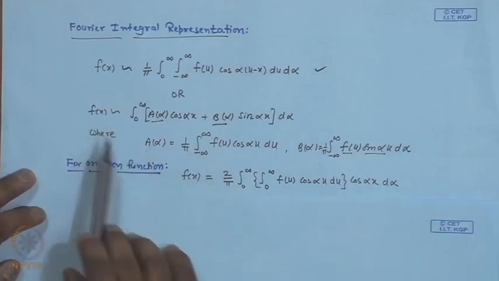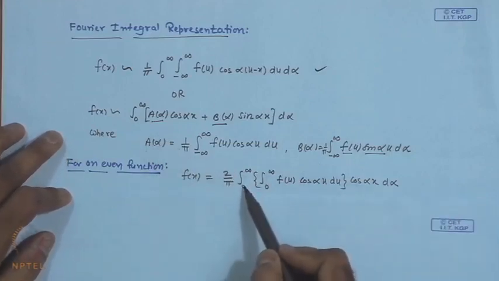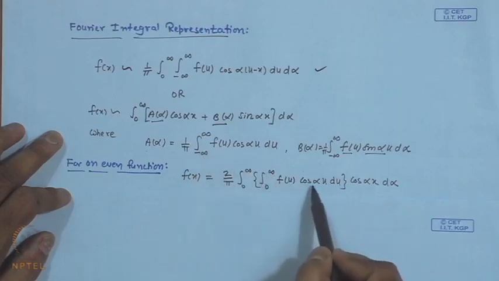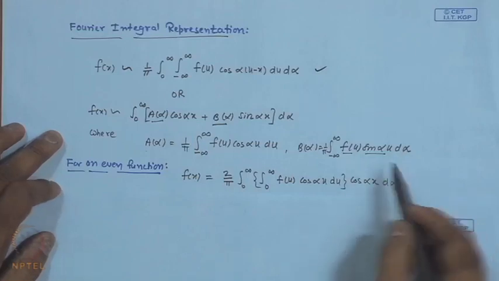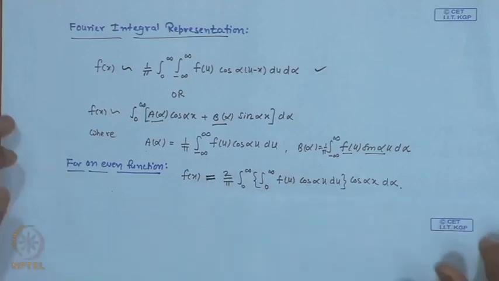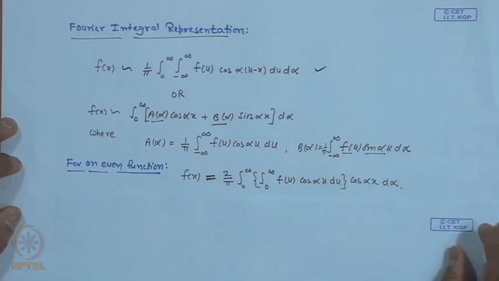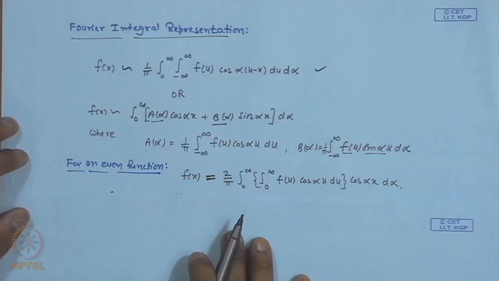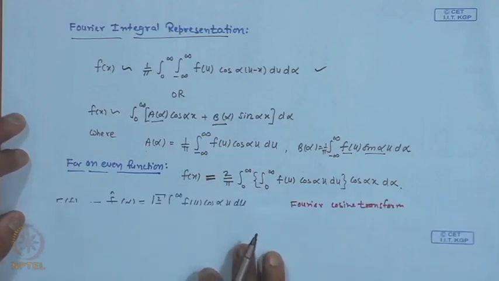So f(x) is 2 over pi, integral 0 to infinity, integral 0 to infinity of f(u) cos(alpha u) du, times cos(alpha x) d alpha. This was for the even function, and I put equality here. I assume that the integral is absolutely integrable and all other conditions are satisfied so that we have exactly equality, or in a more general case we can replace this by the average value.